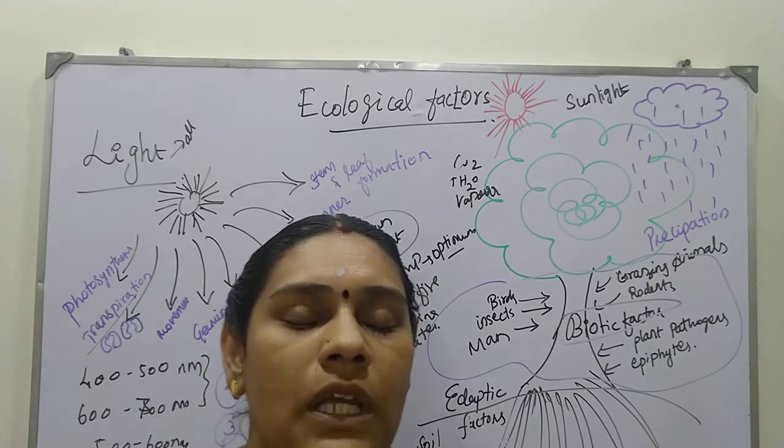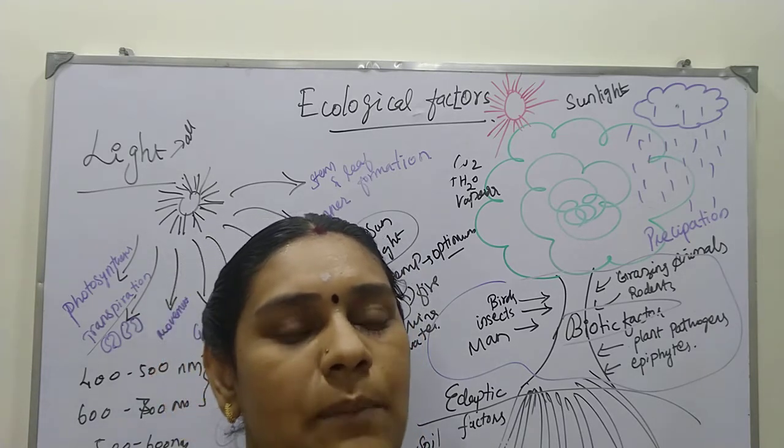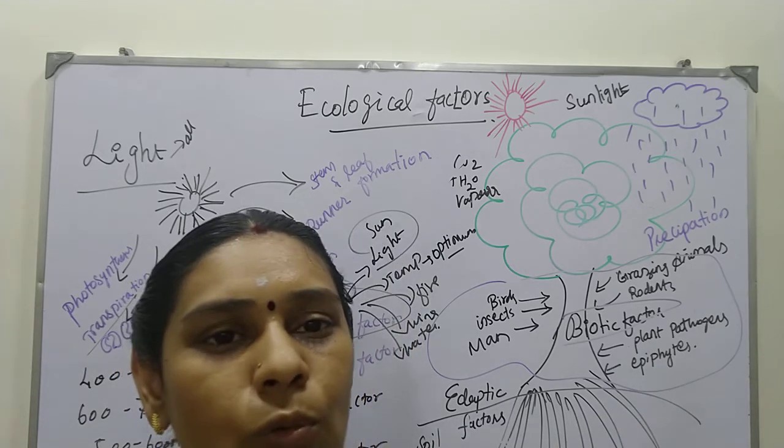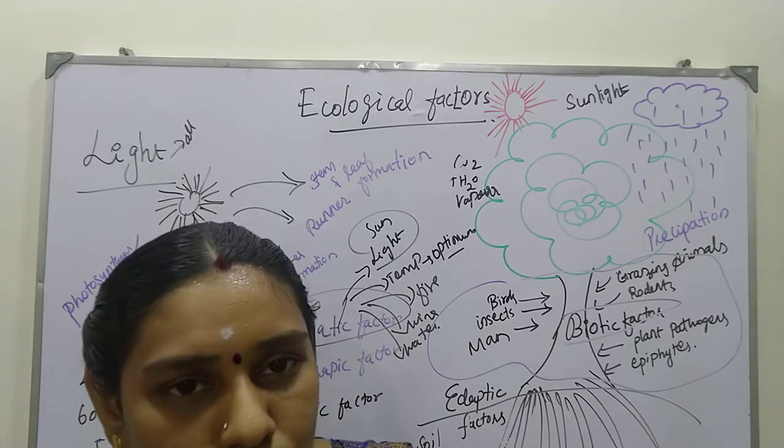And also he classified the hydrothermals, that is the plants which are present below the deep sea level and in the hot springs. These two are called the extensions.